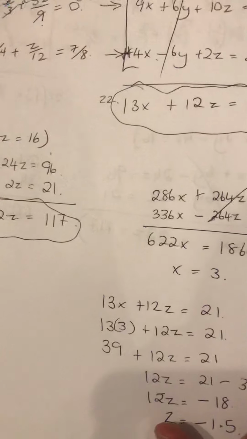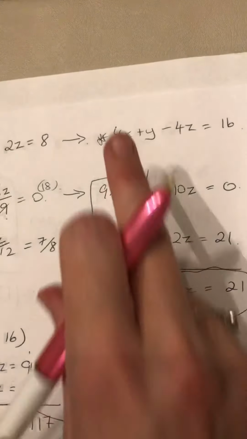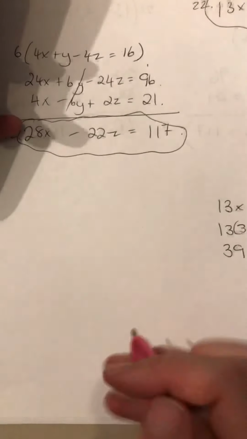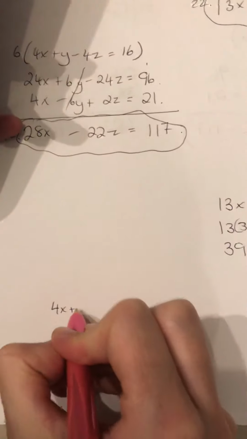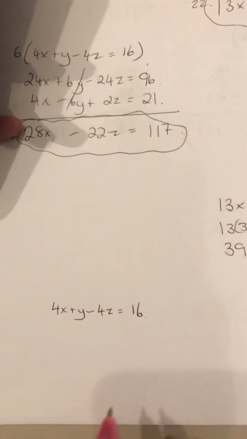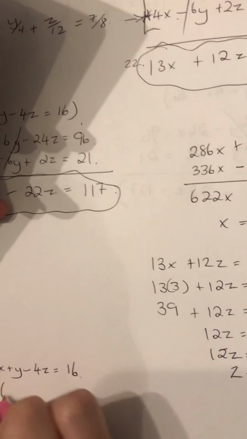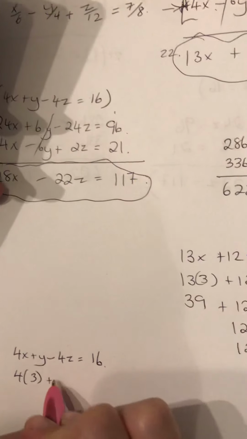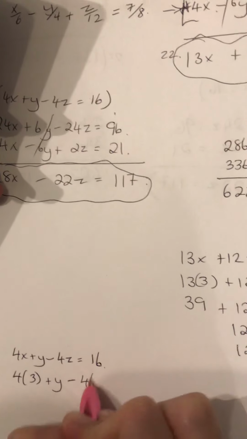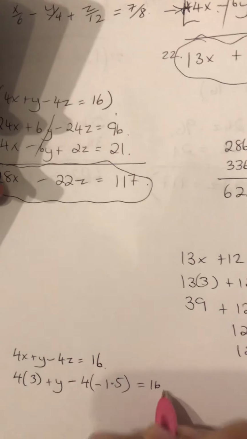And then I go back to the very start. Maybe I'll take the very first equation up here at the top, 4x plus y minus 4z is equal to 16. So we now know x is 3. So that's 4 times 3, plus y we still don't know, minus 4 times z is equal to 16.